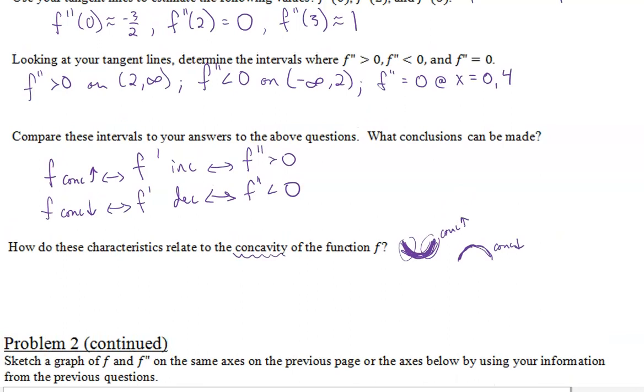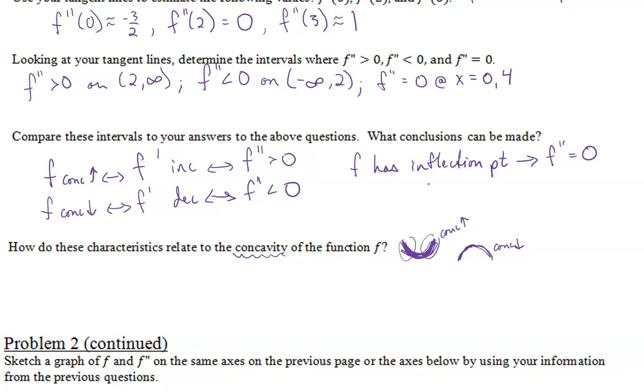So we can say if f has an inflection point, sometimes abbreviated IP, then f double prime is equal to 0. But really, an inflection point happens when f double prime changes sign. So negative to 0 to positive or positive to 0 to negative gives us an inflection point.